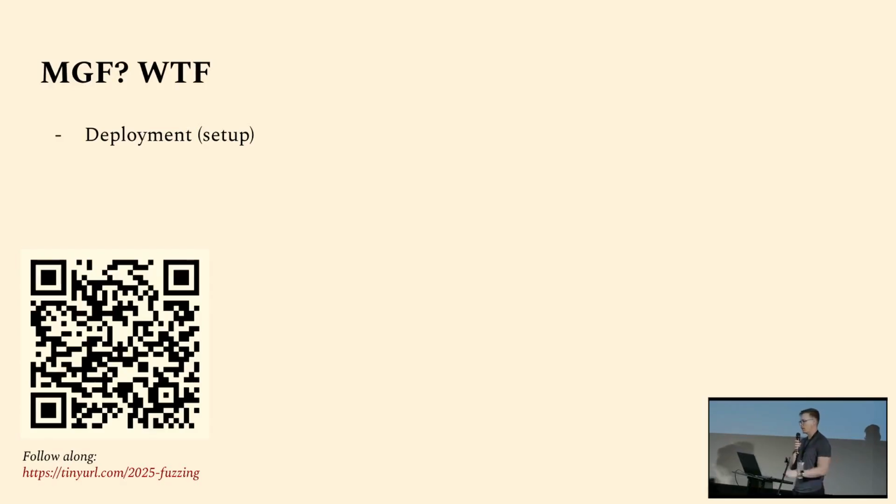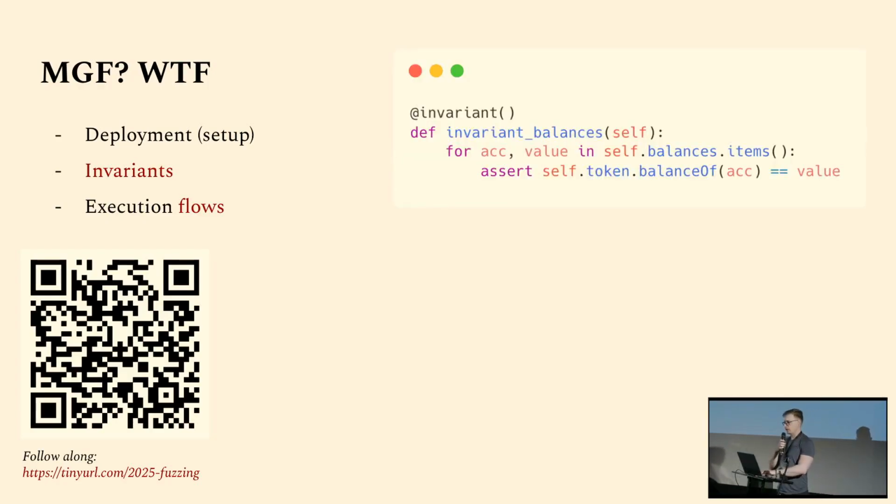Then obviously we also need to define invariants or properties we will be testing, because without assertions, without invariants, we will hardly find any issues. But what's different about manually guided fuzzing is that we also define how we want to execute the transactions, how we want to generate the data, how we want to pass the parameters, and so on. So this is quite different, and I will be having there an example.